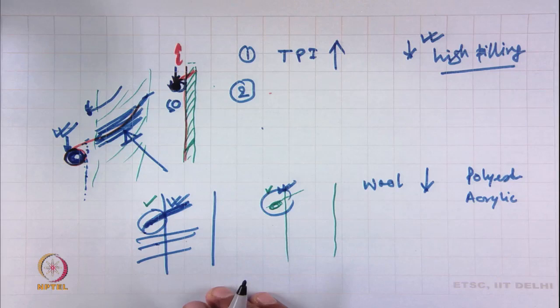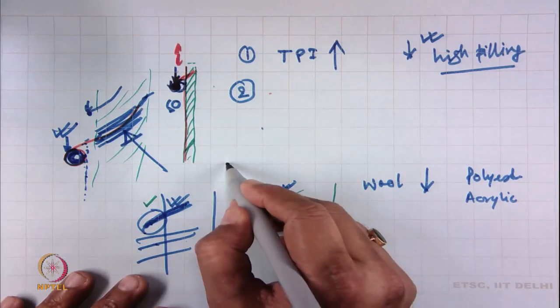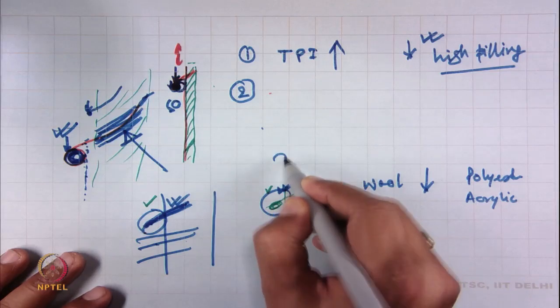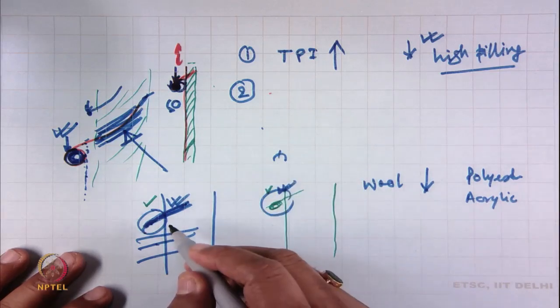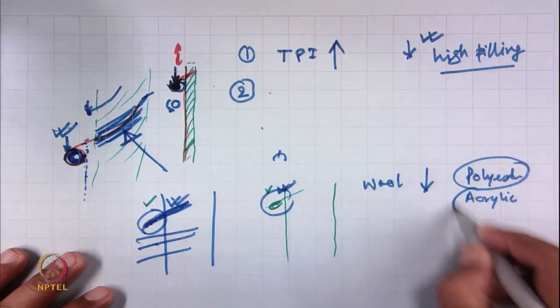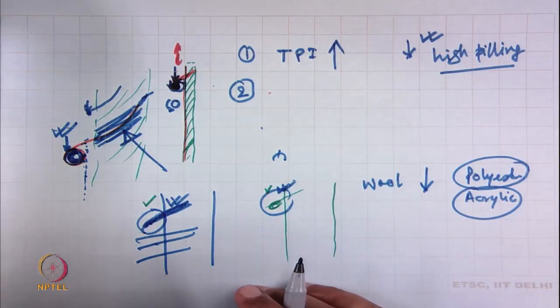So, what is lateral strength? That means wool is a little bit brittle in nature. So, if it bends, wool breaks. That is the lateral strength, but for synthetic fibers the lateral strength is very high.